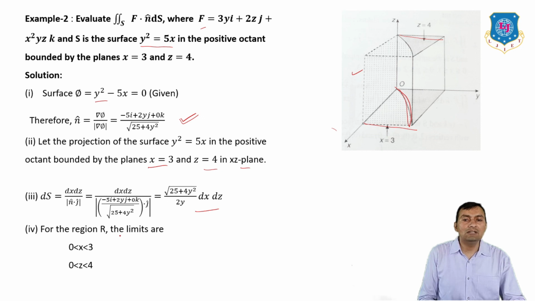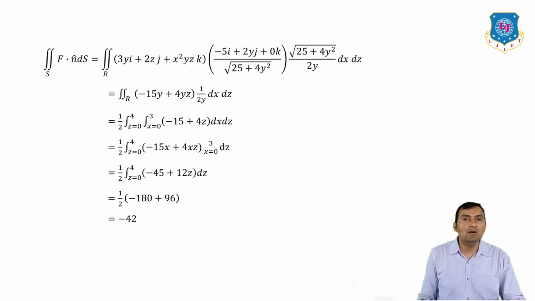Now whenever we take the projection on the xz plane, for that reason the limits for x are 0 to 3 and the limit for z will be 0 to 4. Now let us see how to find out this double integration. So here F is given and that we have found, and dS is also there.